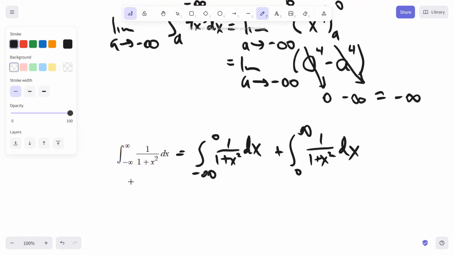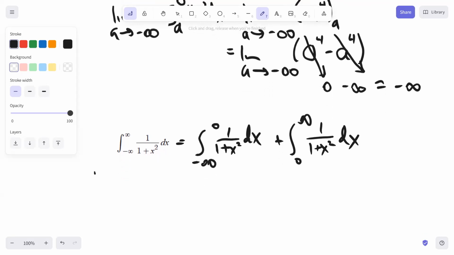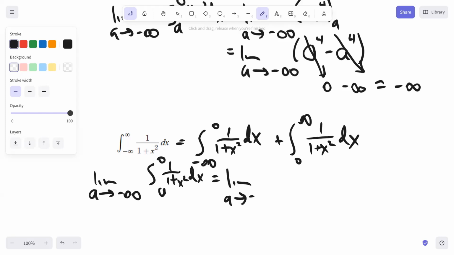And then I'm first going to check the limit as a approaches negative infinity of the integral from a to 0 of 1 over 1 plus x squared dx. This is tangent inverse, so the antiderivative is tangent inverse of x from a to 0.